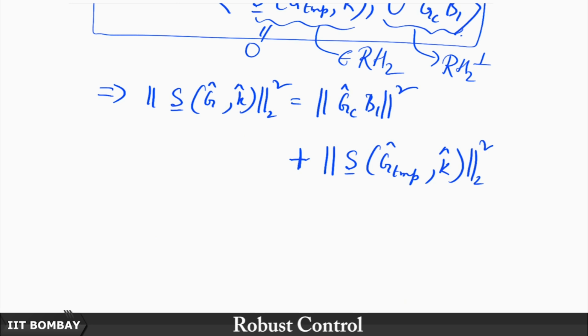The great thing about this is that now if you want to minimize this norm, it turns out that this is the minimum penalty that we must pay, okay. We cannot minimize this norm beyond a certain point such as this, okay.